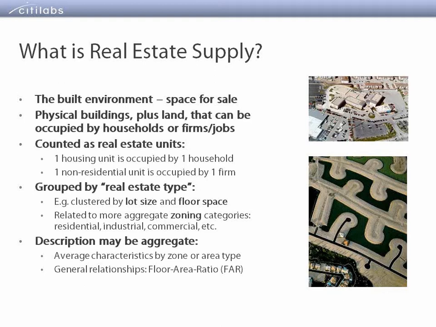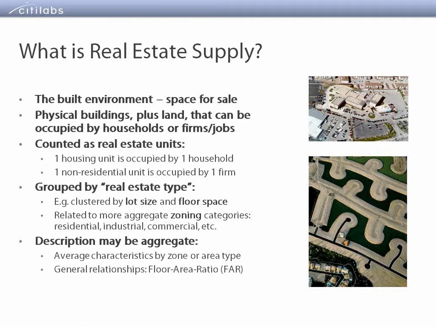And these are grouped by real estate type. So for example, we can cluster different kinds of land use or real estate supply into lot size and floor space categories, which may in turn be related to more aggregate zoning categories such as residential, high, medium, low density, industrial, commercial, et cetera. And the description of the attributes of these real estate supply types can also be aggregate.